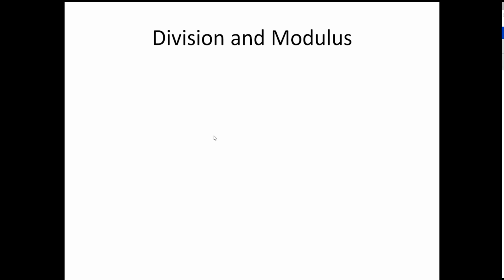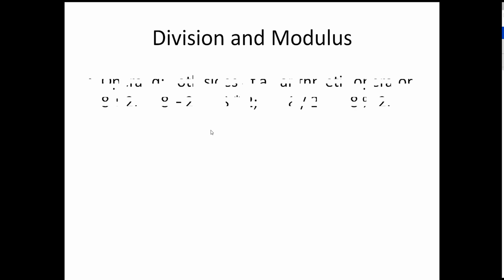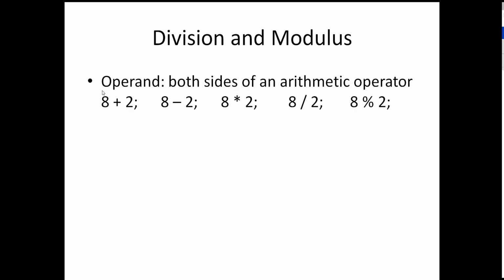So what happens here is we're going to introduce a word first, and that's called operand. An operand would be the numbers or the items that are on both sides of an arithmetic operator. So 8 plus 2, the 8 and the 2 are both operands.